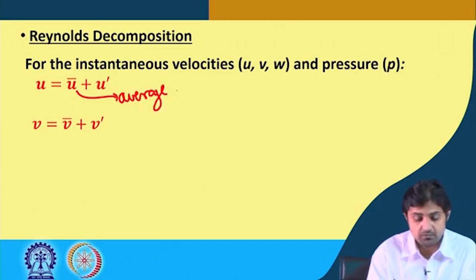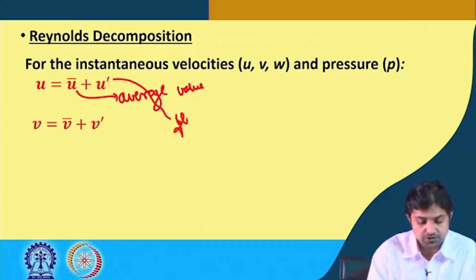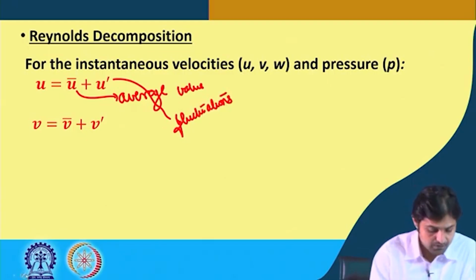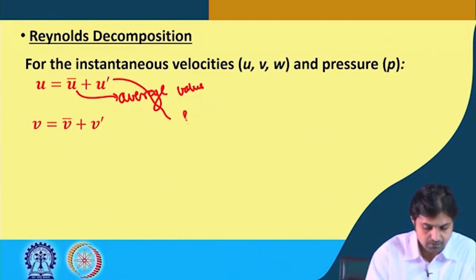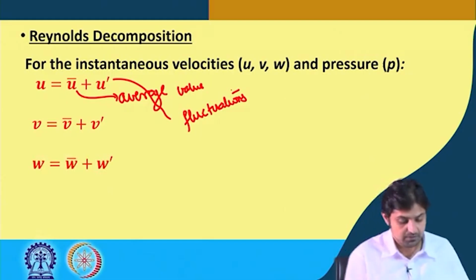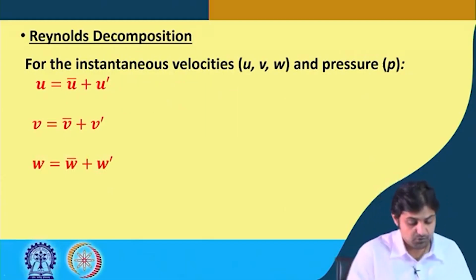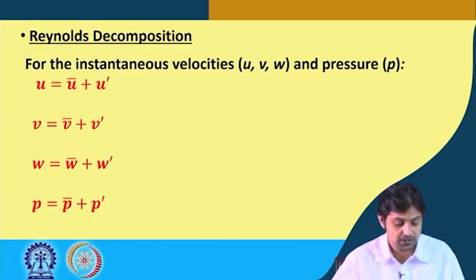Whatever is under the bar denotes the average value, and whatever is with the prime indicates the fluctuations. Similarly, w is written as w bar plus w prime, and pressure is written as P bar plus P prime.